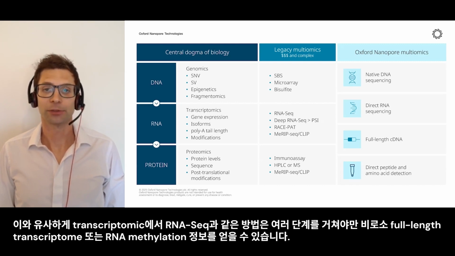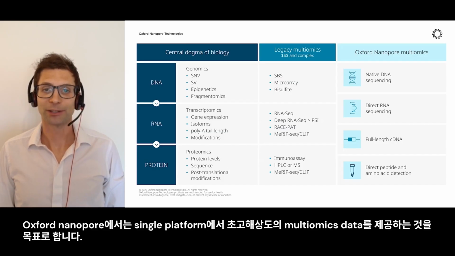Similarly, in transcriptomics, techniques like RNA-seq are piecemeal solutions that require multiple steps to reconstruct full-length transcripts or RNA modifications. Oxford Nanopore aims to redefine this approach to deliver ultra-rich multi-omic data from a single platform.